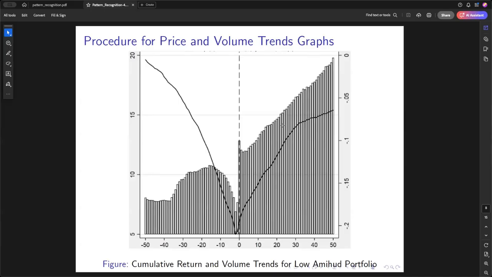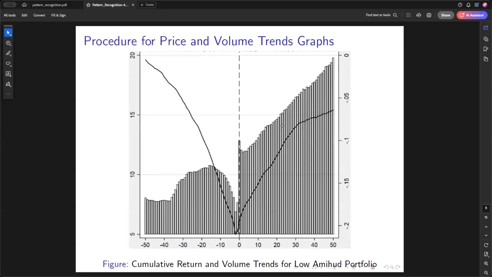So this is an example of the price and volume trends of the high amplitude portfolio. High amplitude portfolio is traditionally low liquidity, meaning the trading volume is low and transaction cost is high. Zero is the time when it's selected into the high amplitude portfolio, and I can check its price and volume trends, adjusting it based on Fama-French 5 factors model.